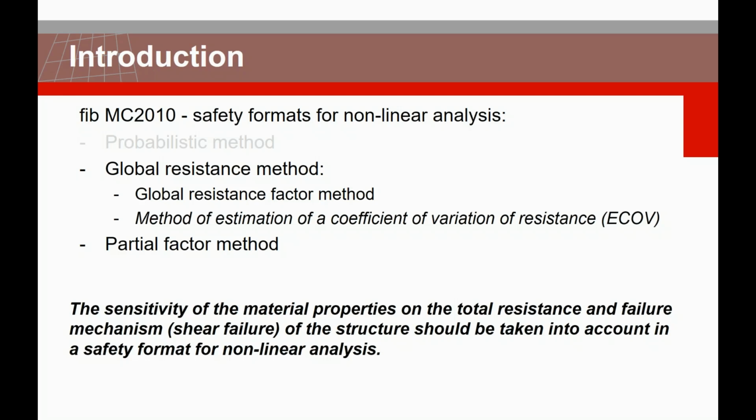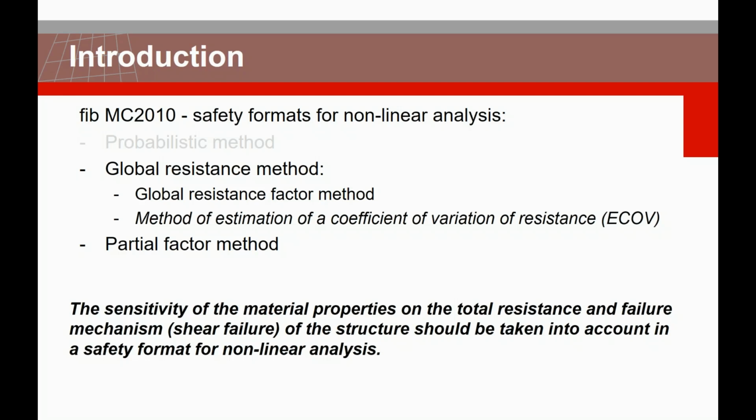At the bottom, I wrote down what we are actually looking for. It says here the sensitivity of material properties on the total resistance and the failure mechanism. That means that you're not really allowed to switch your mechanism when you change your material properties, and this should be taken into account in a safety format for nonlinear analysis.